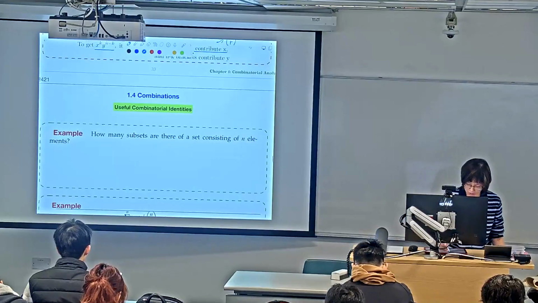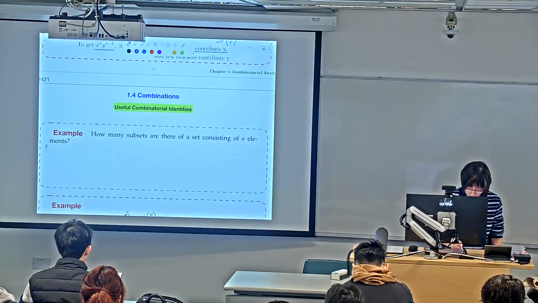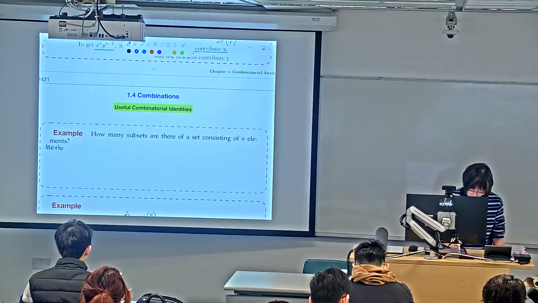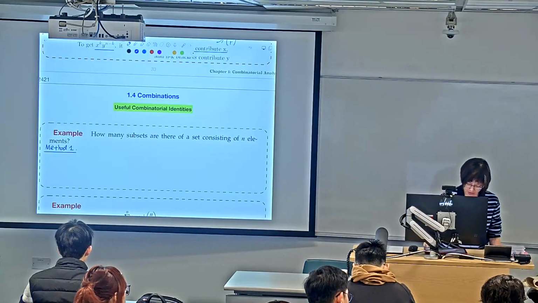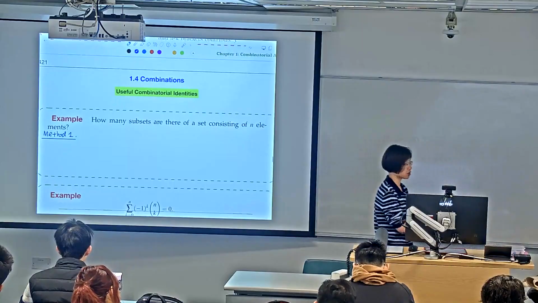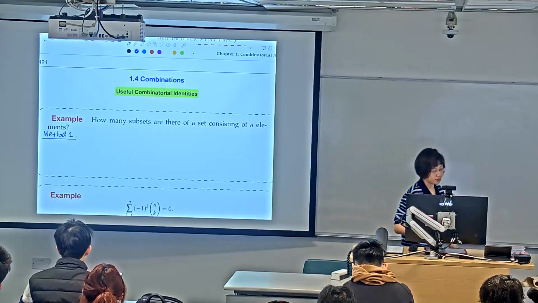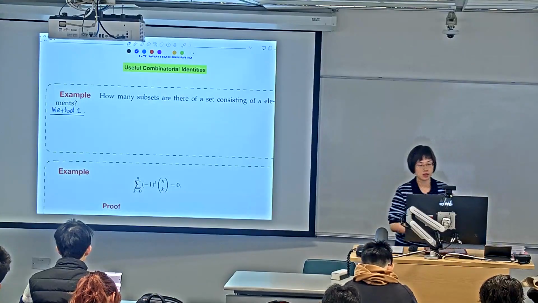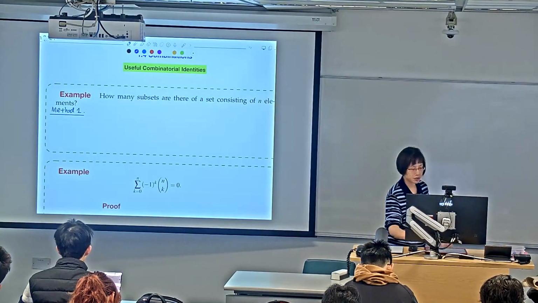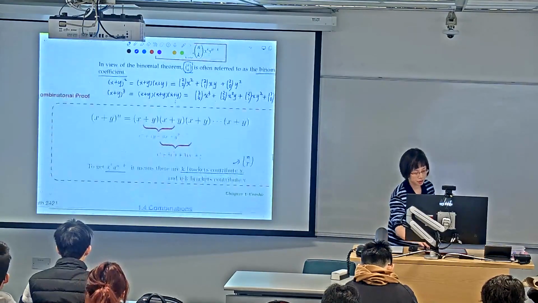Here I also just provide two proofs, because for counting problems, you can always have different ways of showing the result. I just want to mention more methods to broaden our viewpoint. So for the first method, let's try to apply the previous binomial theorem.